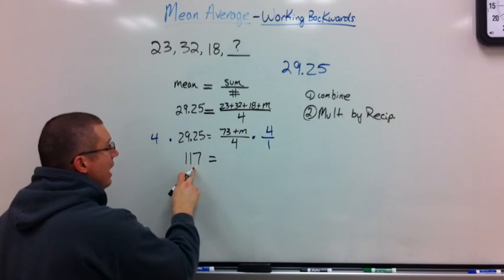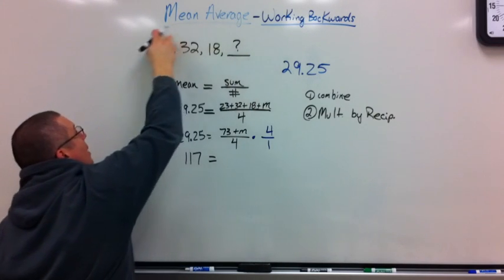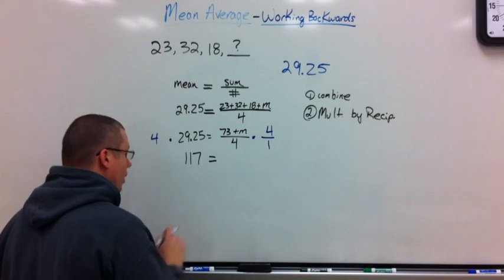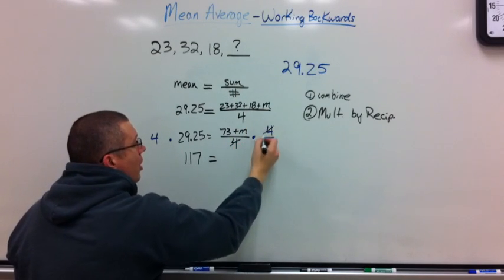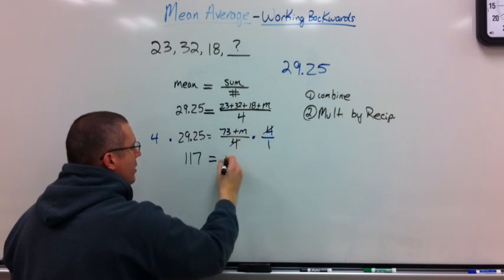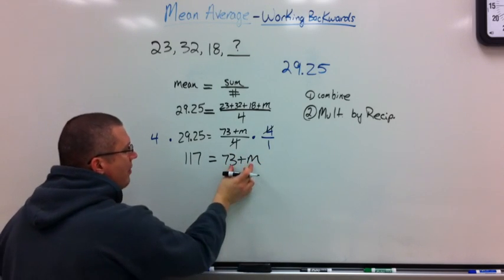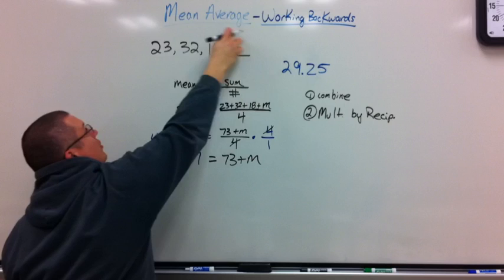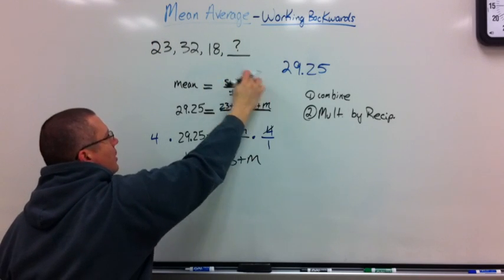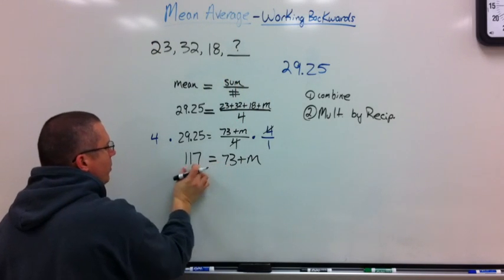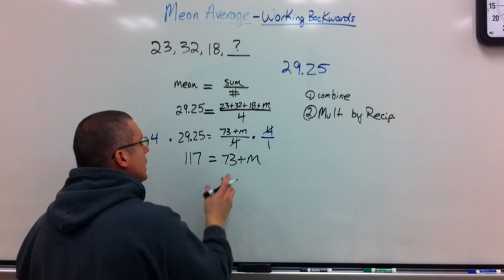Now that number should make sense to us because that originally was my sum earlier. The 4's cross off. All I'm left with is the 73 plus m. Now remember, this 73 plus m was the original sum, the number up top. So it should make sense that it equals what it's supposed to equal.